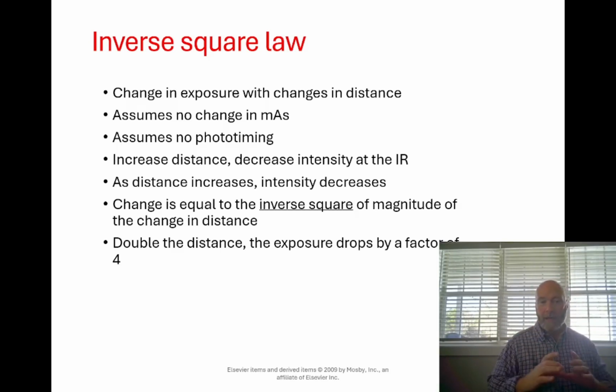So if you were making an exposure field that was maybe 4 inches by 4 inches at 40 inches, and it was a perfect exposure, and then you backed your X-ray tube up to 80 inches, then all of that exposure that was going into the 40 inches is going to be expanded out considerably. So you're going to have a tendency to say, okay, if I double my distance, then the coverage is going to double as well.